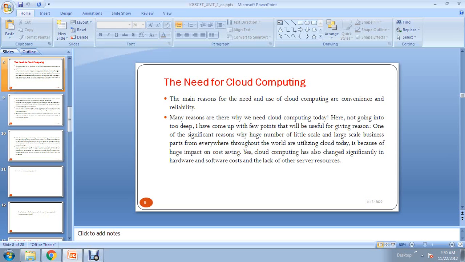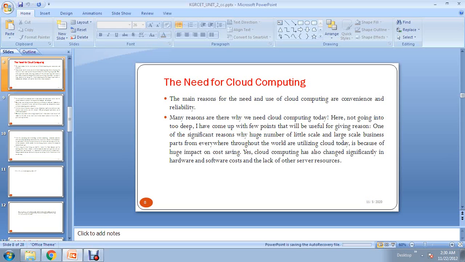Another reason is that physical infrastructure cost is very high. For example, if you choose physical infrastructure, high RAM will be required, memory also will be required, storage also will be required.